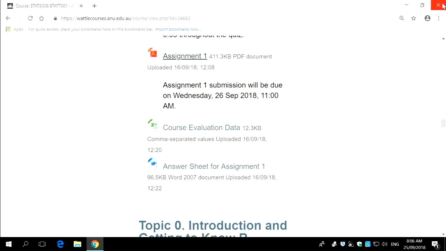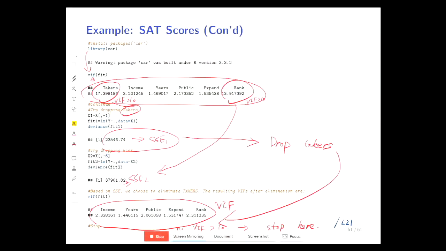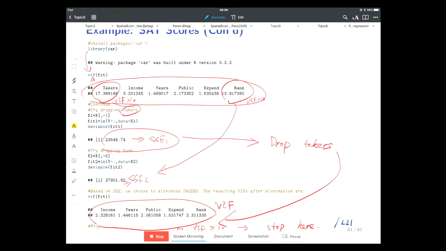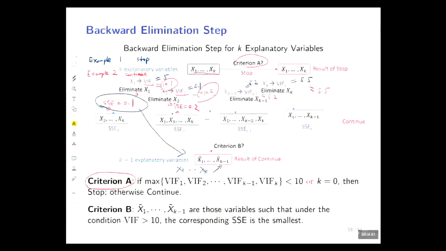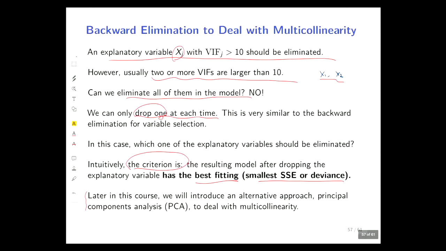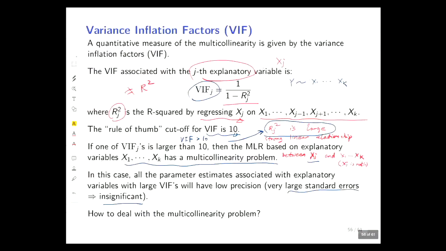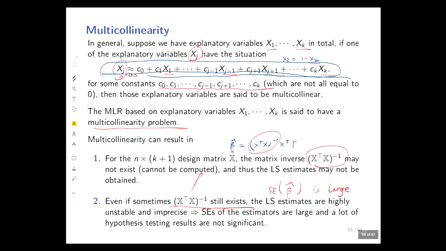In the previous lecture, I talked about multicollinearity. I mainly talked about the concept and this flowchart about how to deal with multicollinearity. But I talked about the real example very quickly, so I will repeat the real example a little bit.